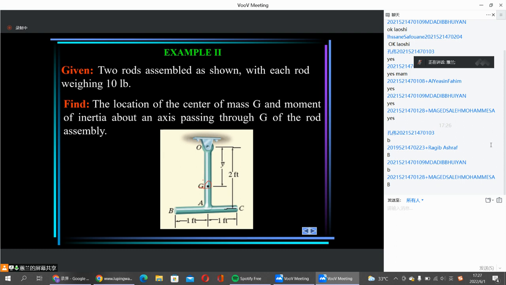We can calculate the coordinates of the mass center. First, you need to define your coordinate system, right?